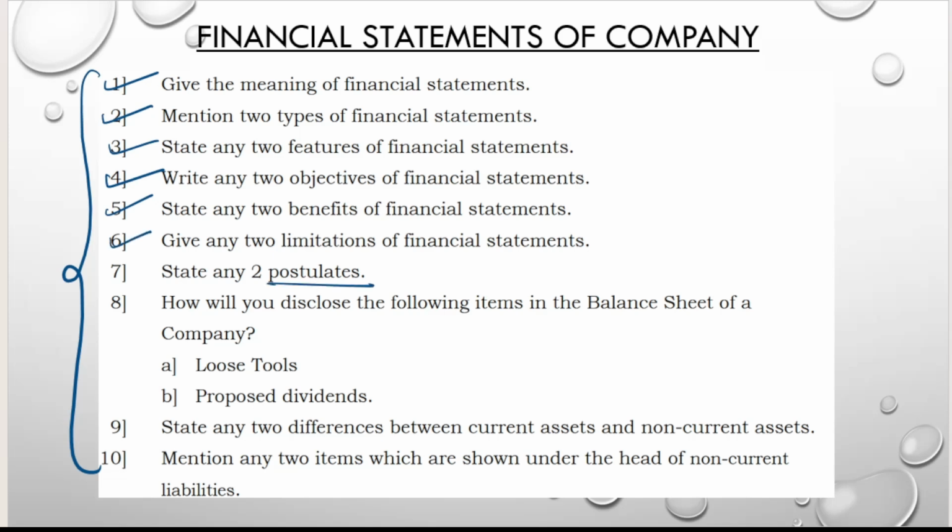State any 2 postulates. What do you mean by postulates? Postulates are nothing but concepts. In first year, you would have studied business entity concept, accounting period concept, cost concept, matching concept. These are called postulates. So, ma'am, what are we supposed to write? Just write business entity concept, but instead of concept, you write postulate.